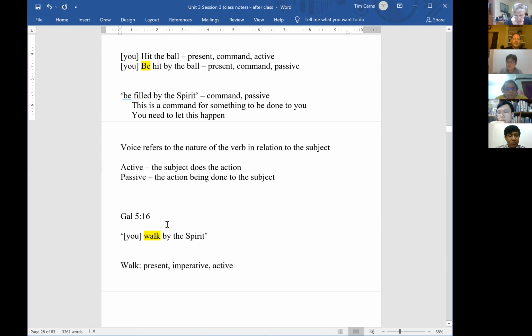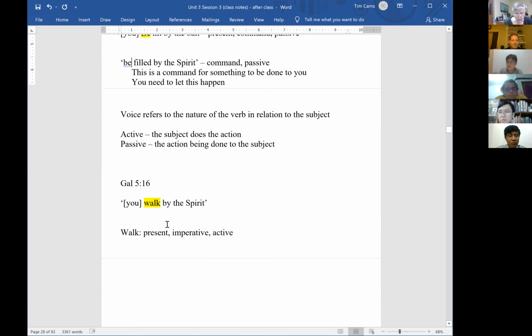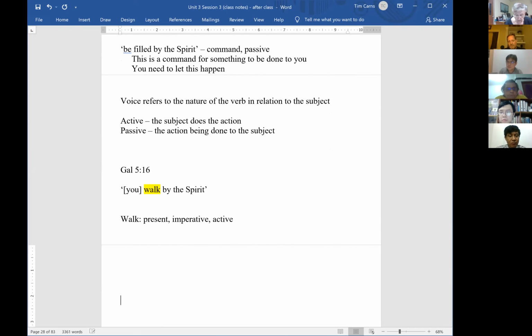Now, there's a third voice. I don't know if I should introduce it here, but actually it can be very helpful. In Greek, there's a third voice. Greek also has active, passive, and then what's called a middle voice. All right.